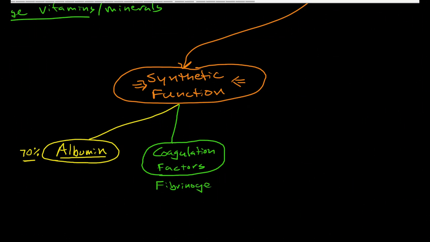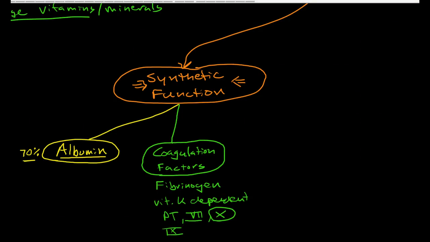And then most of the vitamin K dependent factors are also produced in the liver, and that would include prothrombin, factor 7, factor 10, of course, another very central factor, and factor 9, to name a few.